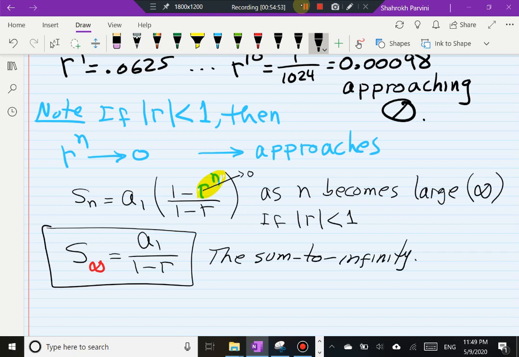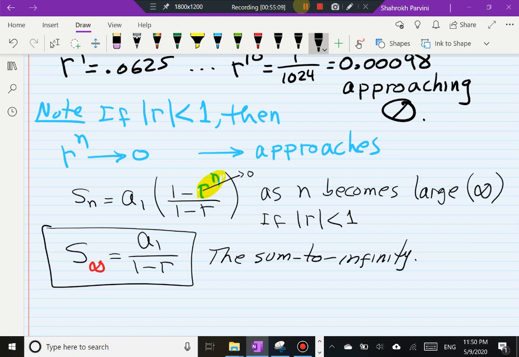To make a long story short, if the absolute value of the common ratio in a geometric series is less than 1, it turns out we can add the series. We can find the sum to infinity.